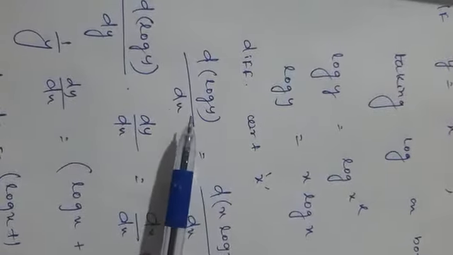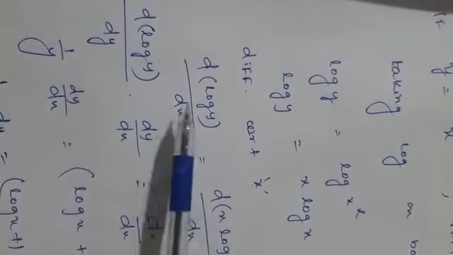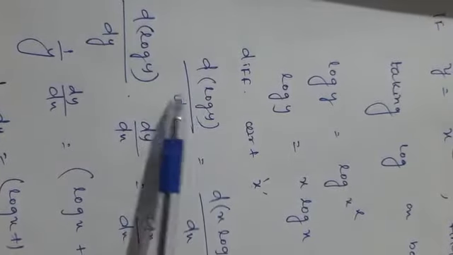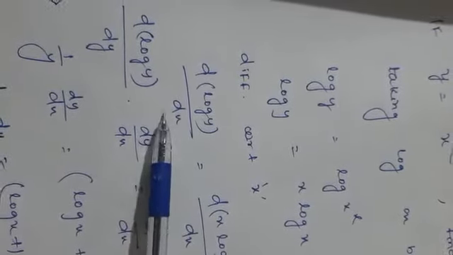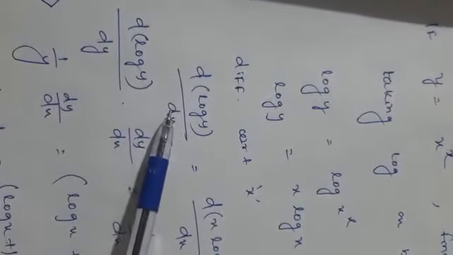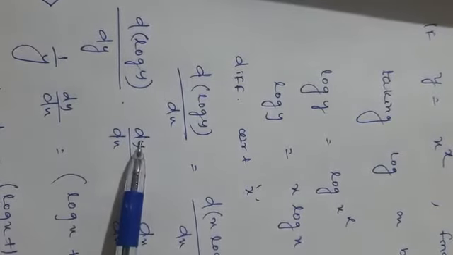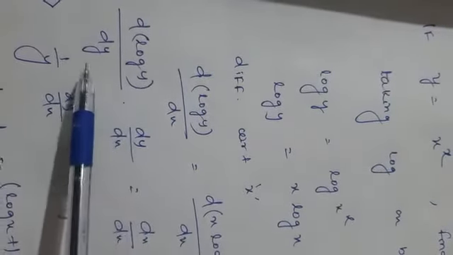On the left hand side, log y with respect to x: according to implicit differentiation, we multiply and divide by dy. So derivative of log y with respect to y, times dy by dx.